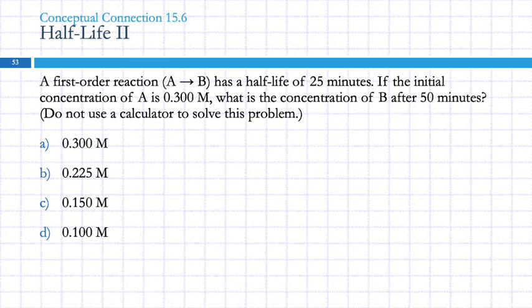A first-order reaction has a half-life of 25 minutes. If the initial concentration of A is 0.3, what's the concentration of B after 50 minutes? So this was where I made my first mistake in lecture yesterday. And it says, don't use a calculator. I like my calculator. It's okay.